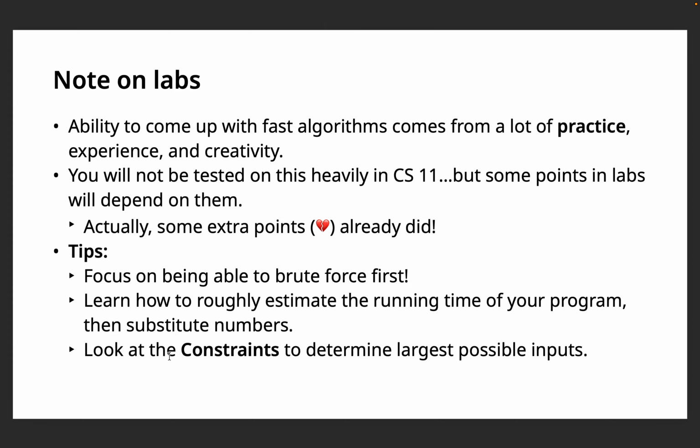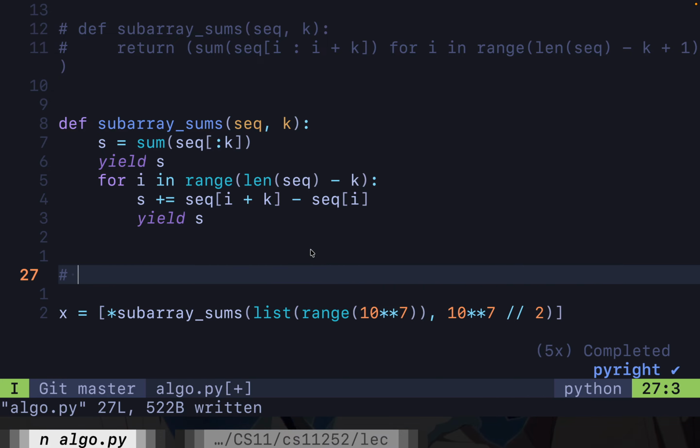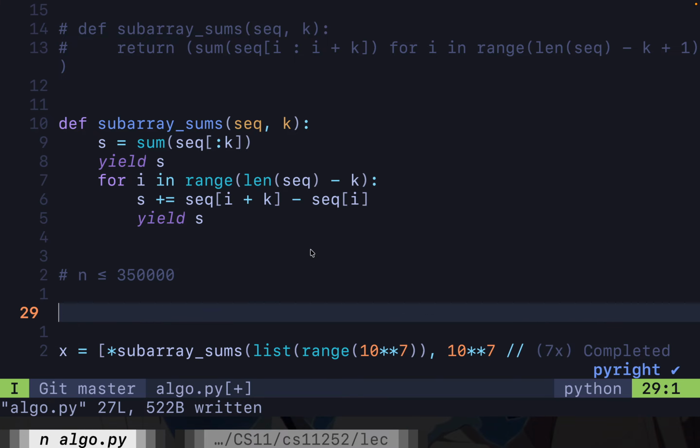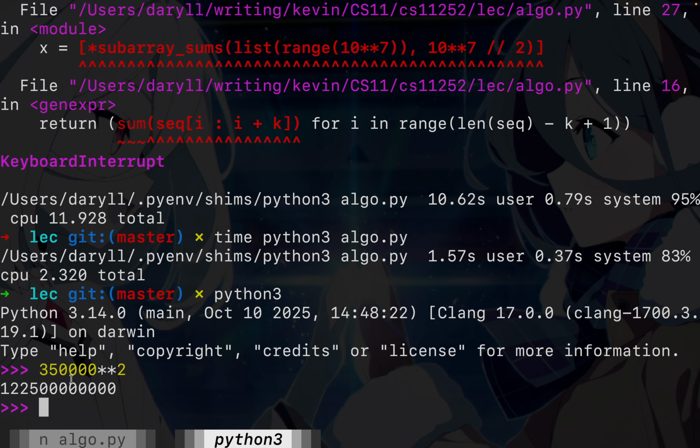Okay, so aside from that, usually for each problem, there are constraints. So how big will the input get for that specific problem? The constraints will also tell you if your solution is fast enough or slow enough. For example, if you see something like n is at most 350,000, and you have a solution that takes around n squared steps, if we get 350,000 squared, this is a big number.